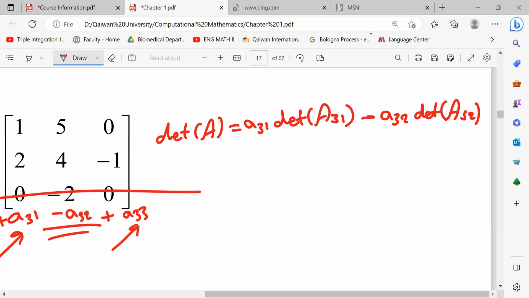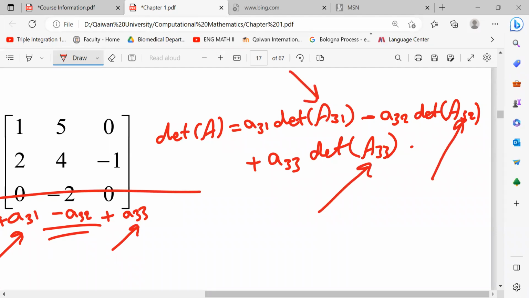For the last one, it's plus A33 times the determinant of A33. Here, we need to find the submatrices capital A31, A32, and A33. We need to find these 3 and then find their determinants.